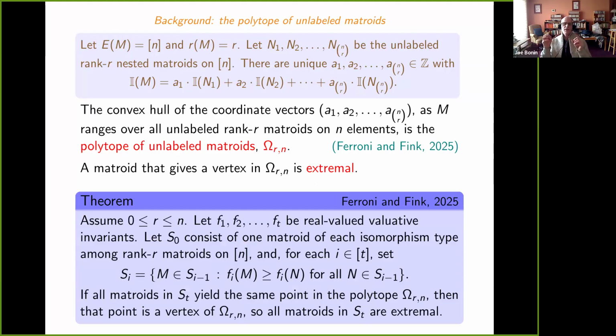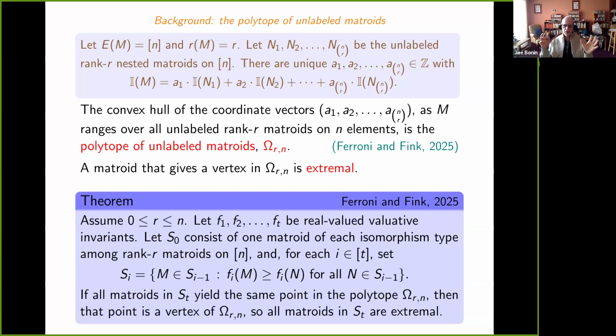So what this theorem says is, if you start off with a set that contains one copy of each isomorphism type of rank R matroid on n elements, and you pick a sequence of real valued valuative invariants, you take your initial set, and then you look at the matroids that maximize the first of your valuative invariants.